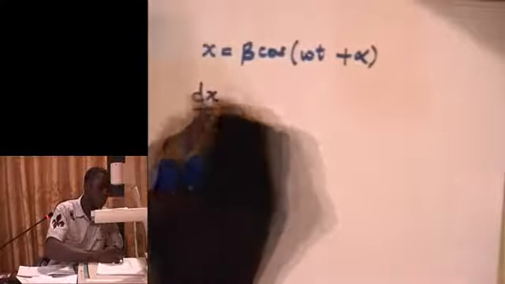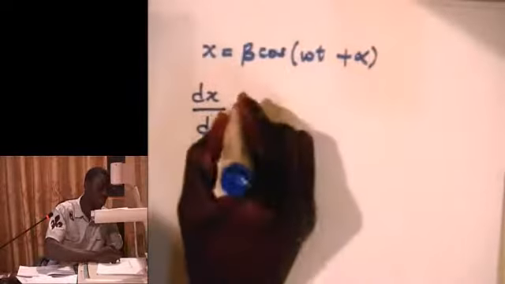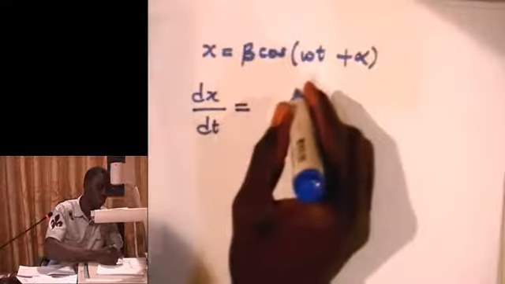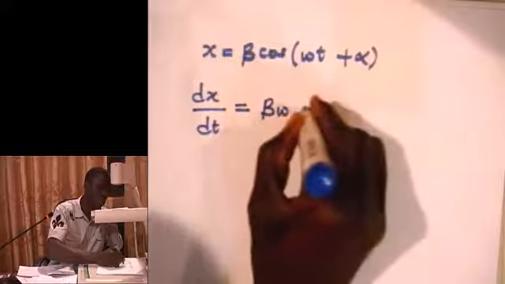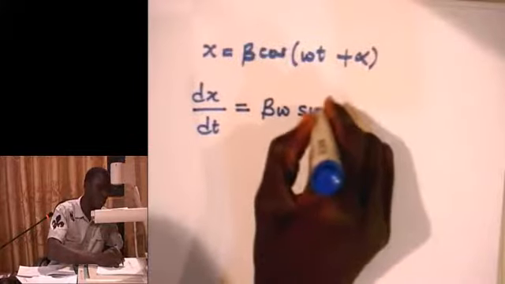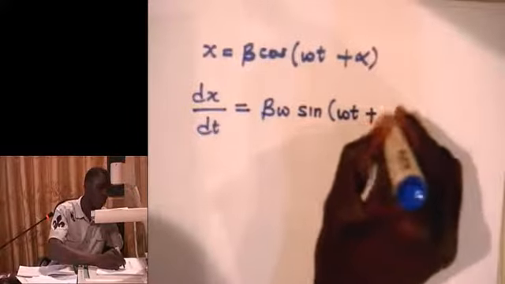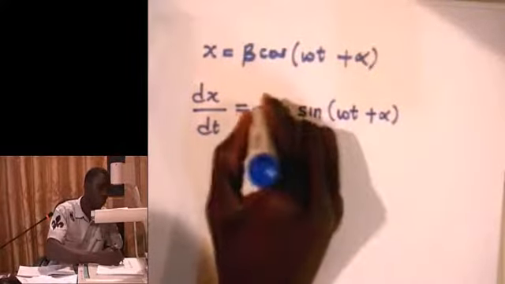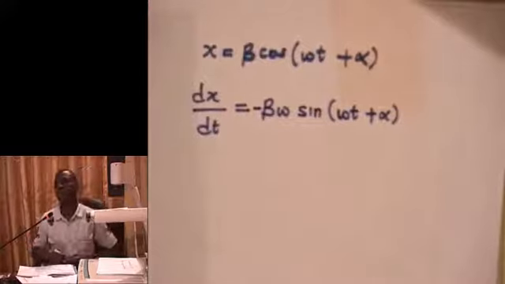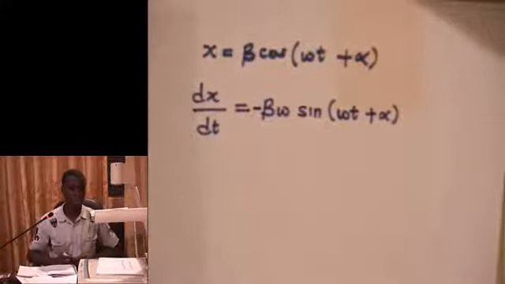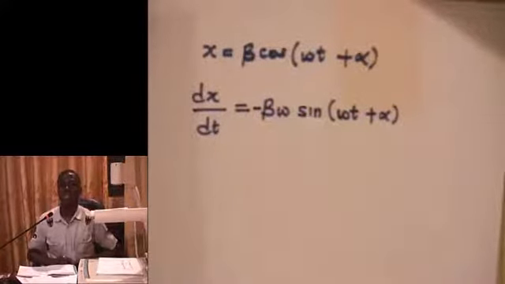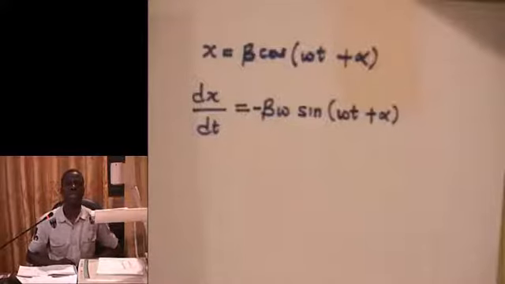The dx/dt gives us minus beta omega sin(omega t plus alpha), and put the negative sign there. If you have difficulty understanding this, check my tutorials, basic mathematics for tertiary institution students.